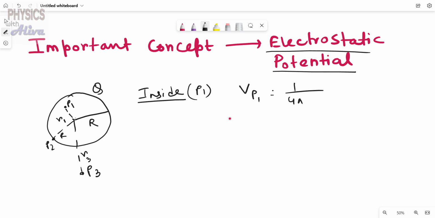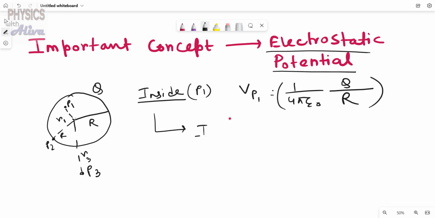1 by 4 pi epsilon naught, Q divided by capital R. This is the potential inside the sphere. You can see that the small r1 term is not present here. That means the potential is independent of the distance of the point P1. That means inside the sphere the potential is constant.